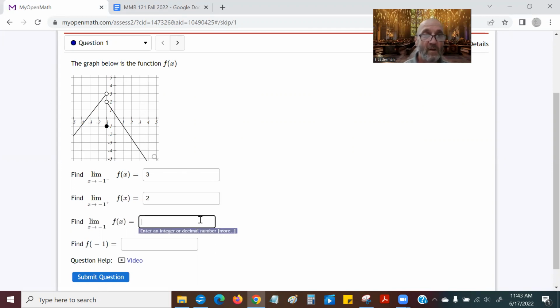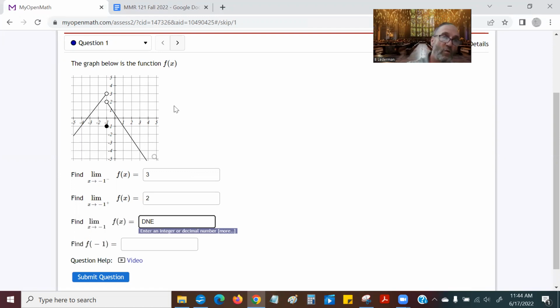And finally, what about if we say the limit as x approaches -1, and I don't have a plus or a minus? What is that? Well, the answer is it does not exist, because if the left side doesn't match the right side, there's no overall limit.